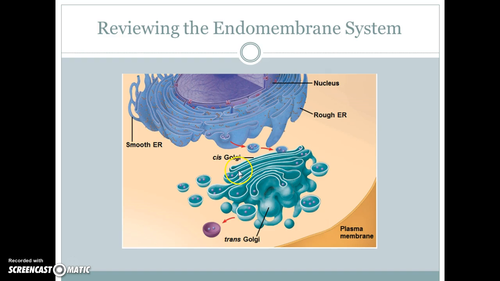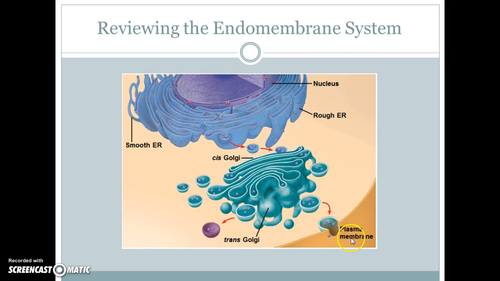The vacuoles then go to the Golgi, specifically the cis face of the Golgi, where the contents are emptied. They go through a series of channels and then pop off at the end in a vesicle, which can fuse to one of these lysosomes and then be removed from the cell.